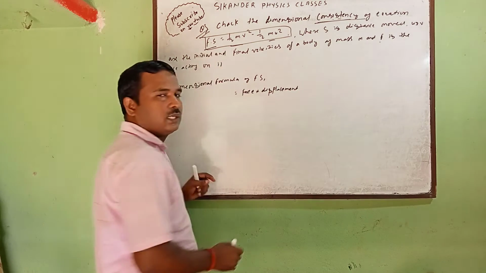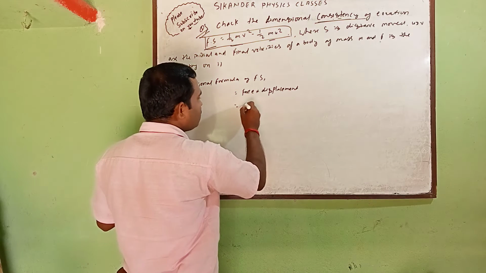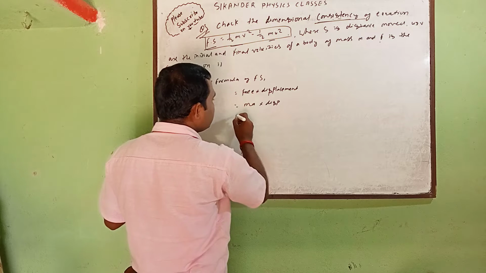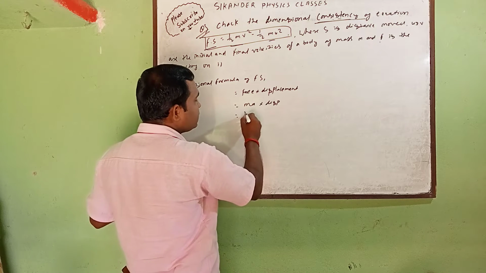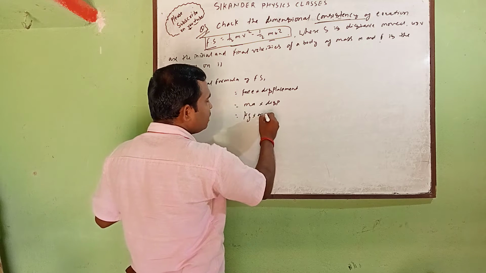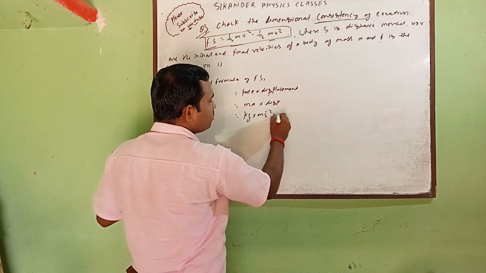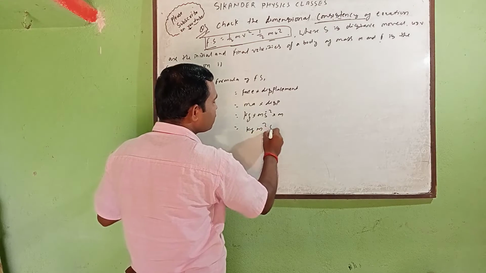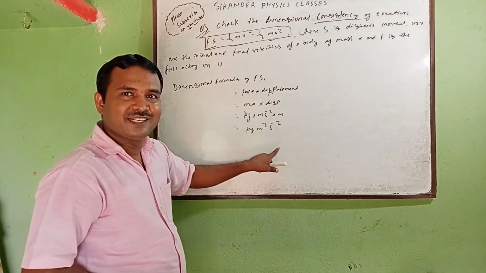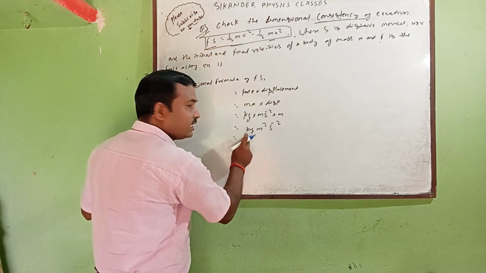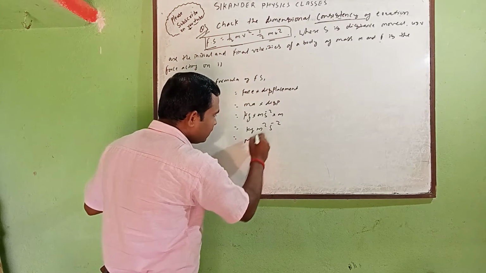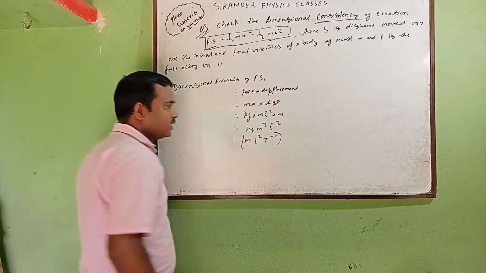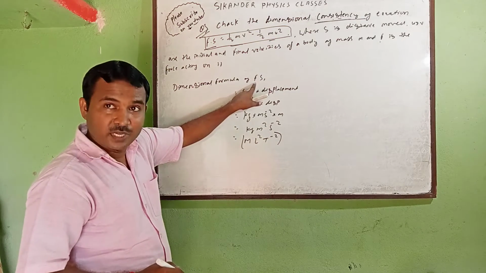Force is mass into acceleration, and this is the displacement. Mass is measured in kg, acceleration in meter per second square, and displacement in meter. Combining, we get kg meter square s minus 2. Finally, kg for M, meter for L, s for T, the powers remain the same, in square brackets. You got the dimensional formula of Fs.